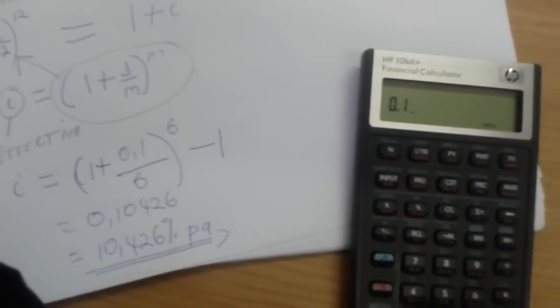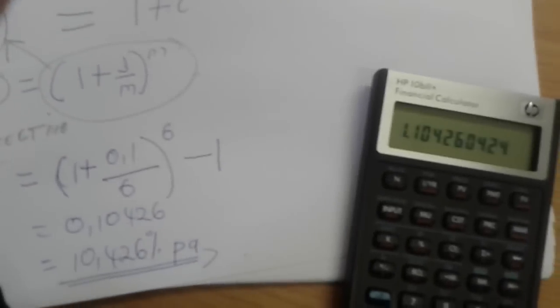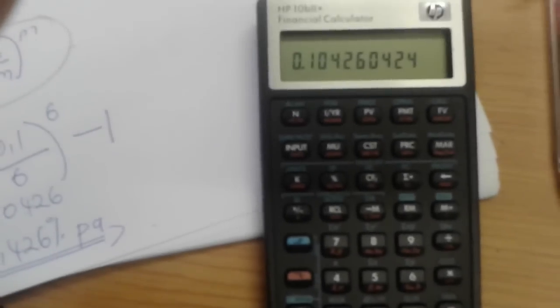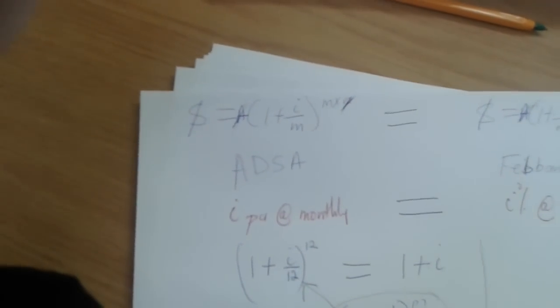You go 0.1 divided by 6, which is that one, then plus 1, which is that one, then you close your bracket, then you get your answer, then you raise it to the power of 6. Then you get your answer, and of course you minus 1. There you go, same answer, obviously multiplied by 100, and then 10.426. So this is how you get an effective rate given a nominal rate.